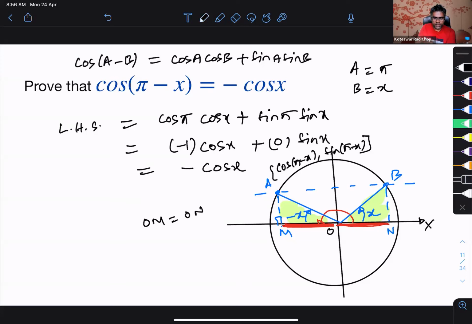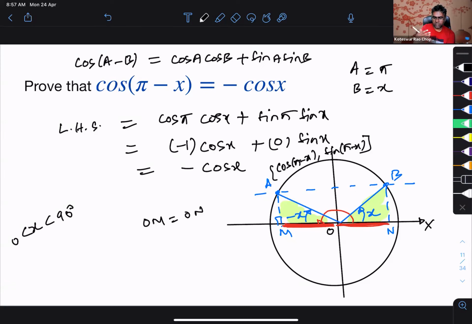It's just that when you do cos of pi minus x, you are in the second quadrant. Again, it depends on the x value. I'm assuming that x is acute, between 0 and 90. So after moving pi radians in the counterclockwise direction, if you move x radians in the clockwise direction, you end in the second quadrant.